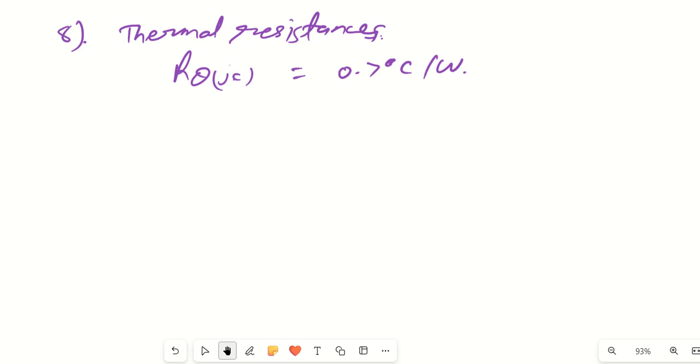Similar to that, we have other parameters like the gate to emitter threshold voltage.